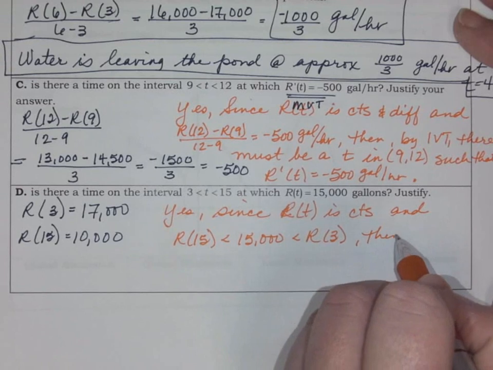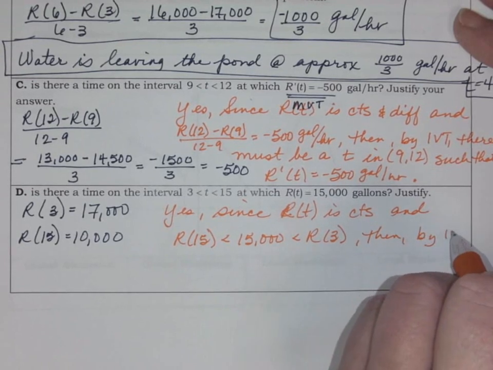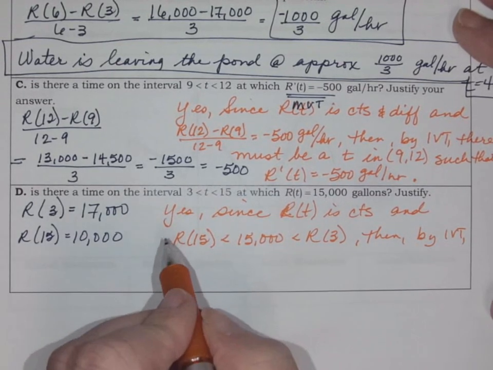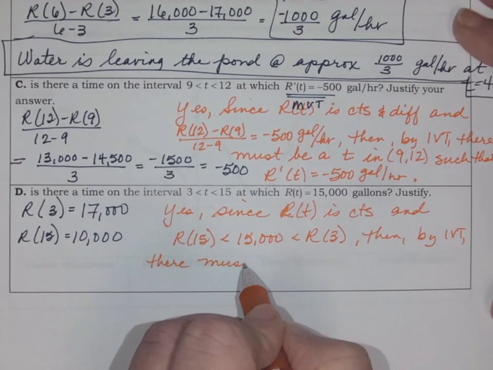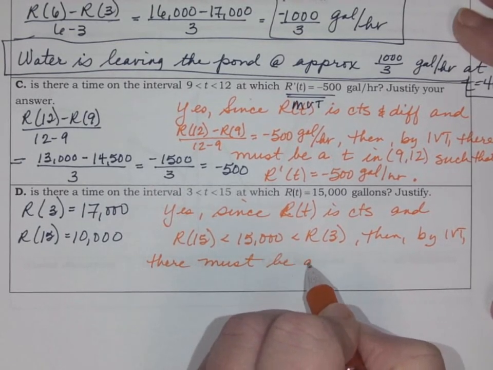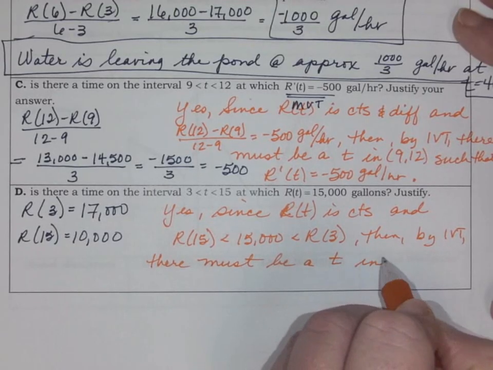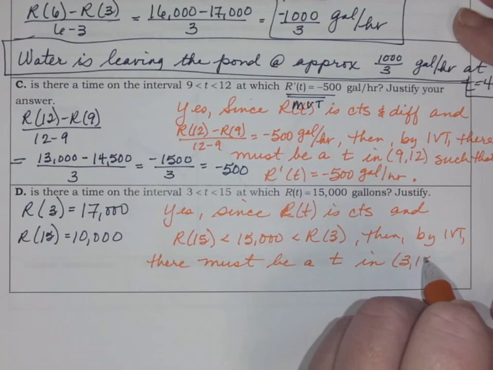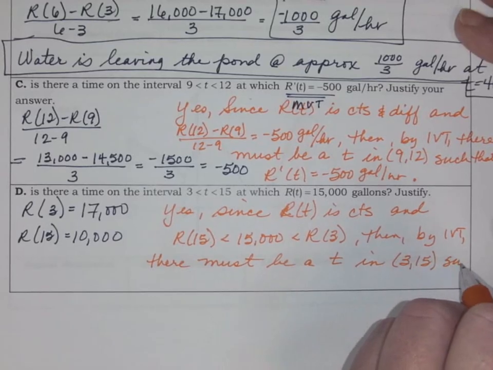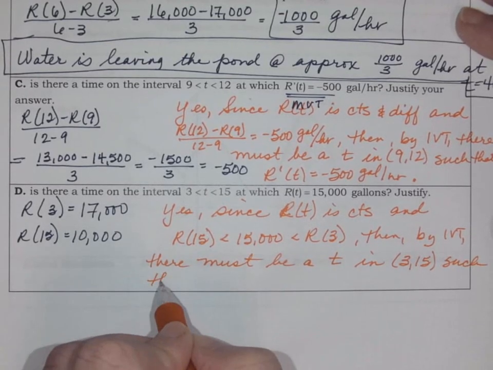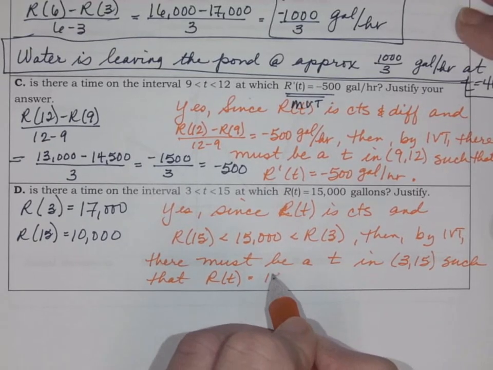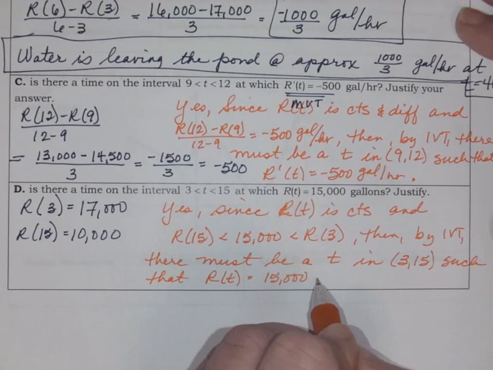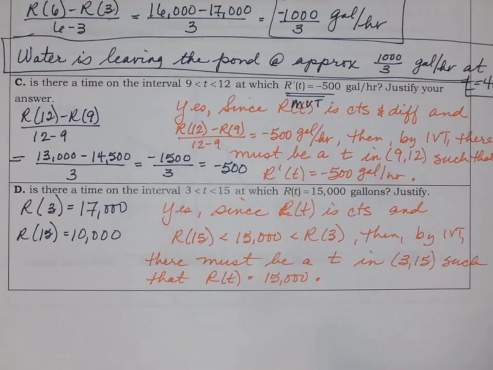Then, this time it's by IVT, and we write our conclusion. There must be a t in 3 to 15 such that R of t equals 15,000. Okay, I think that's it.